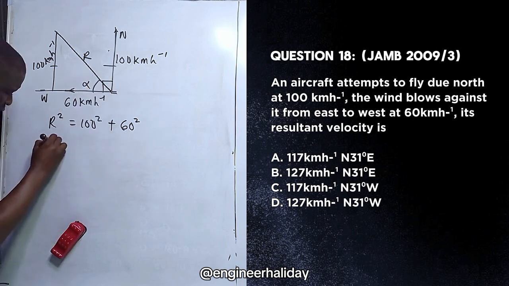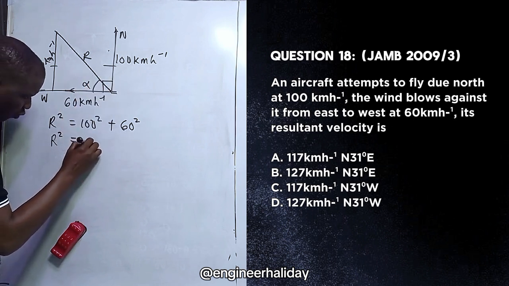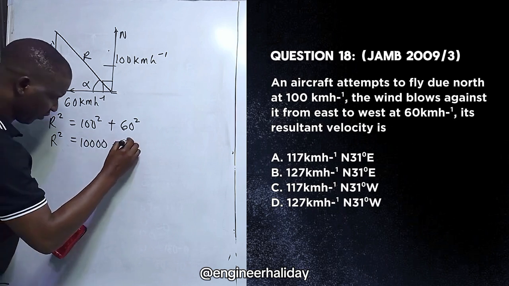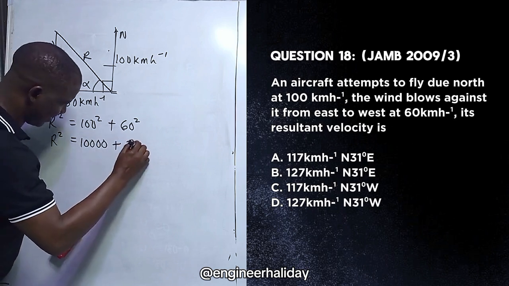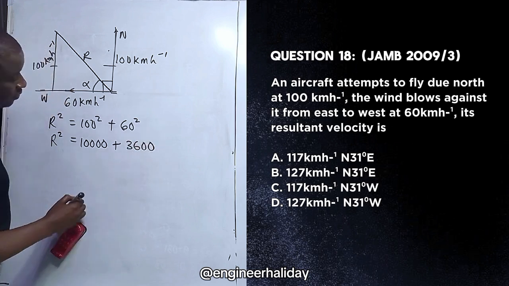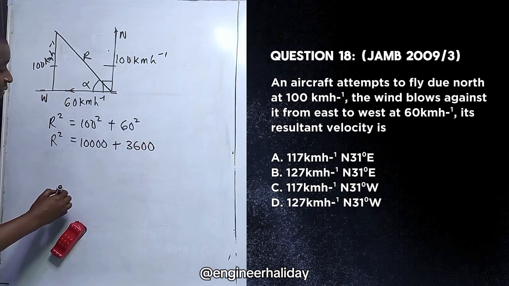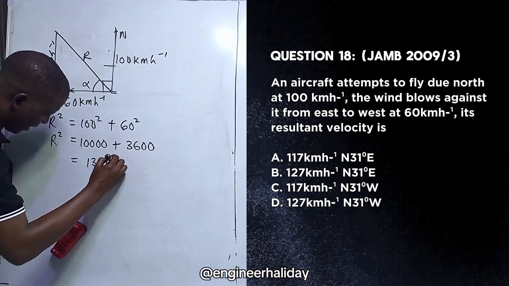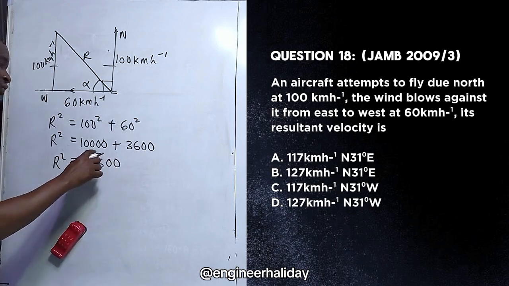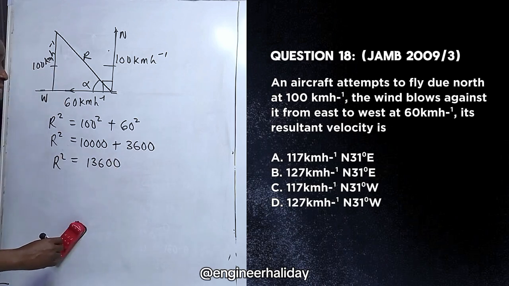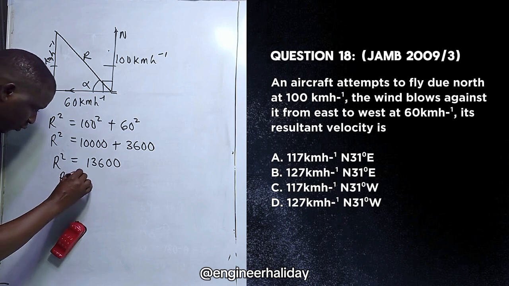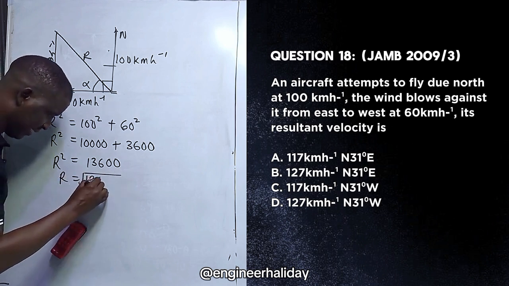So R squared equals 10,000 plus 3,600, which gives 13,600 equals R squared. So R equals the square root of 13,600.